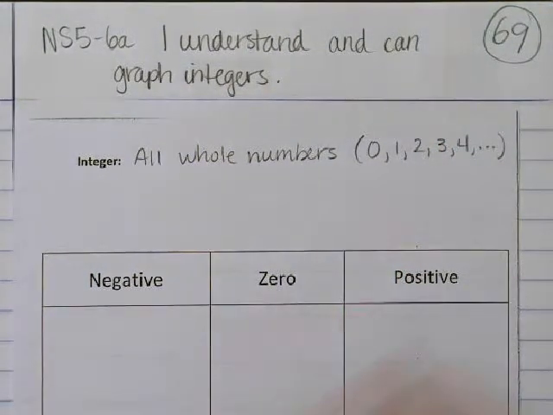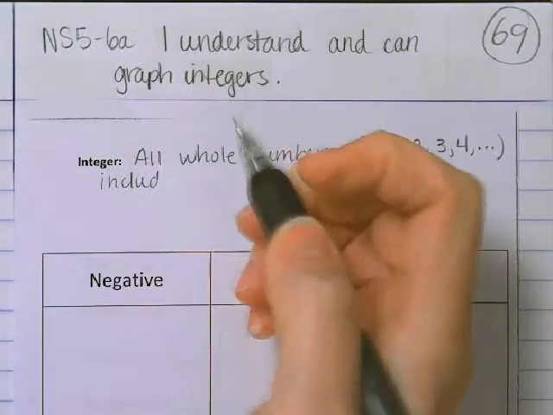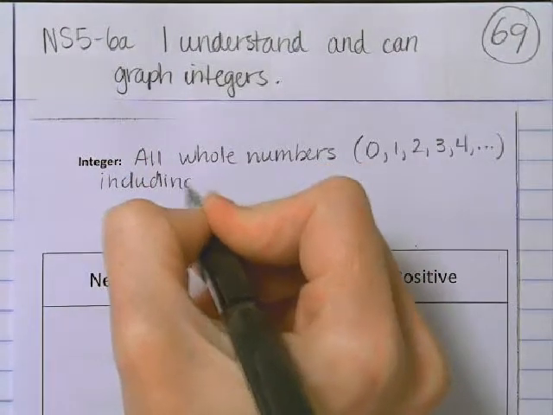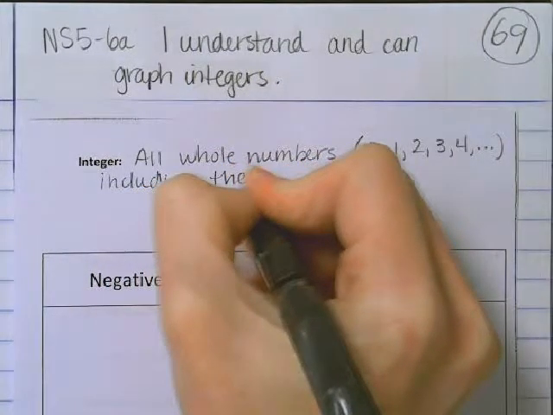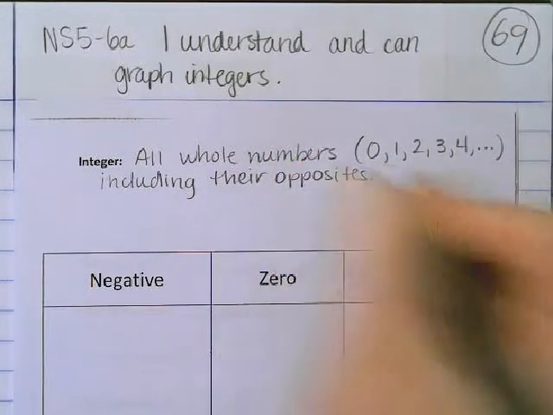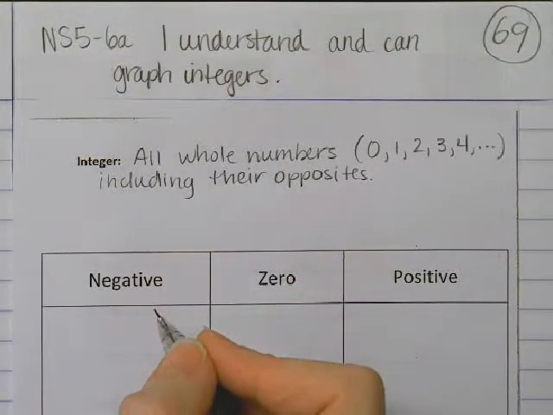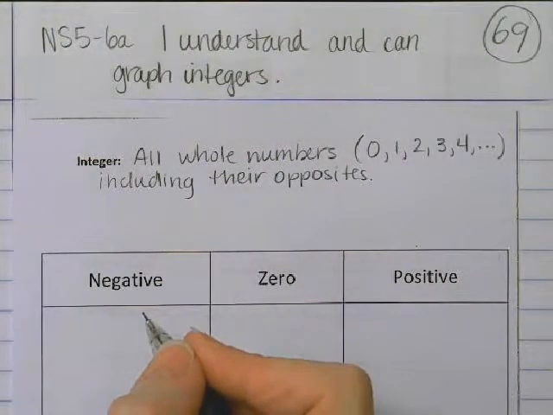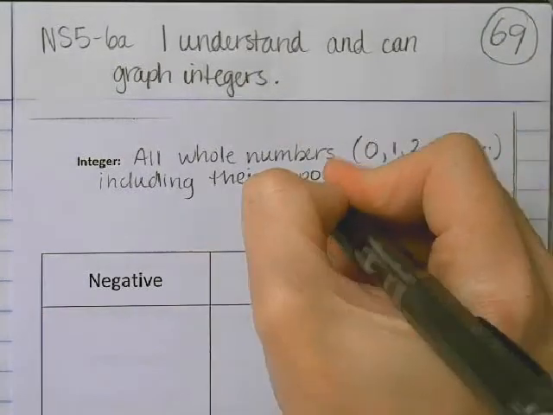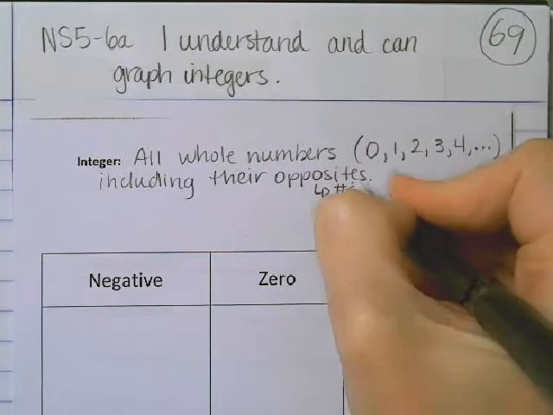But along with all whole numbers, we also need to include what's called their opposites. And what we mean by opposites, we're talking about numbers that are the same distance from 0 on a number line.